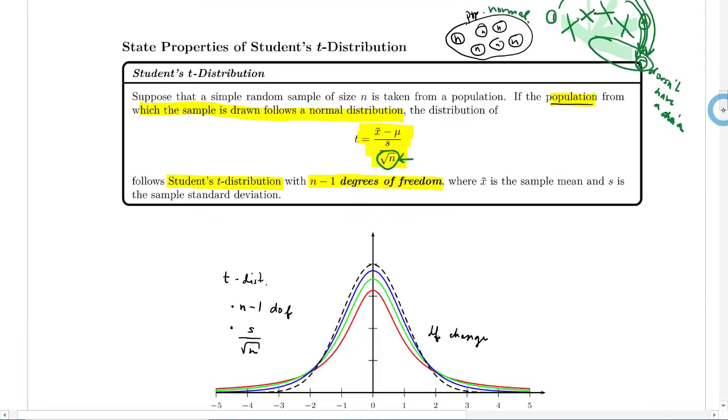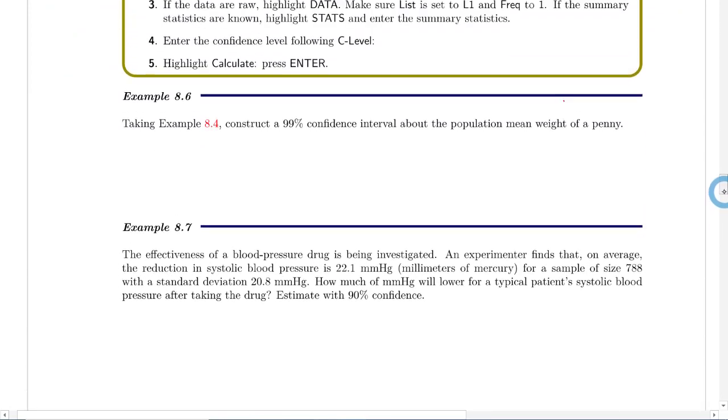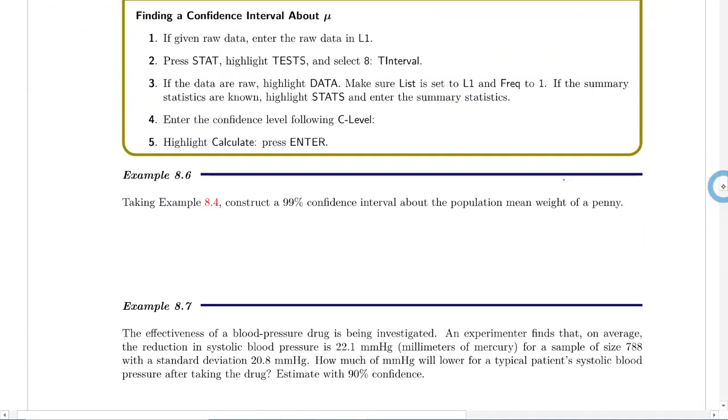So let me go back to that screen. Okay, and we'll have to do some preliminaries. Let me start over here with part 1. Part 1 says for a mean that my sample, which is equal to 17, can be no more than 5% of all pennies.